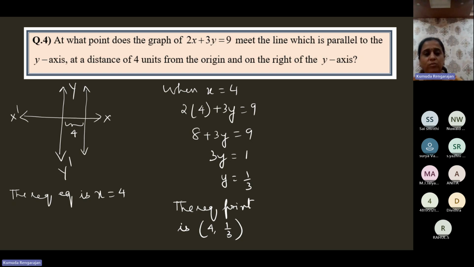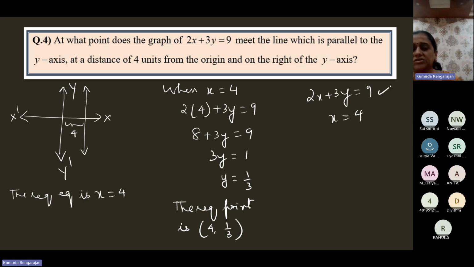The question is, at what point does this graph meet this line? They want you to find where these two lines meet. The equation given is 2x plus 3y is equal to 9.